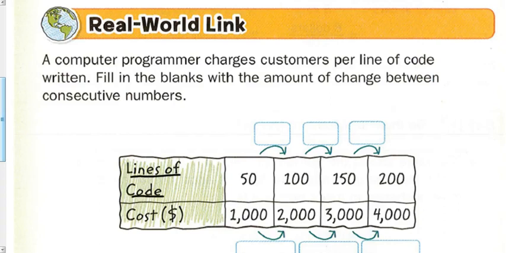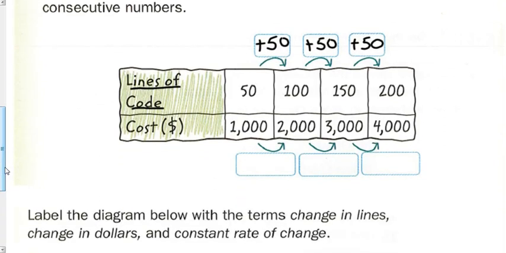So from 50 to 100 is a change of 50 lines. 100 to 150, again, another change of 50 lines. And then from 150 to 200, another change of 50 lines. So as you can see, each event, the amount of change stays the same.